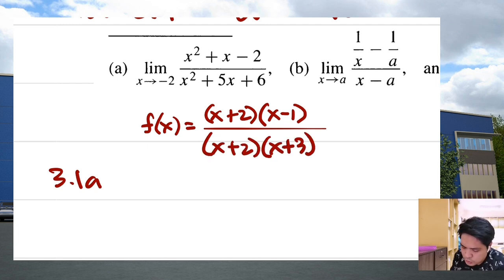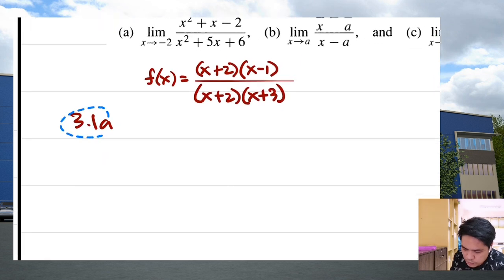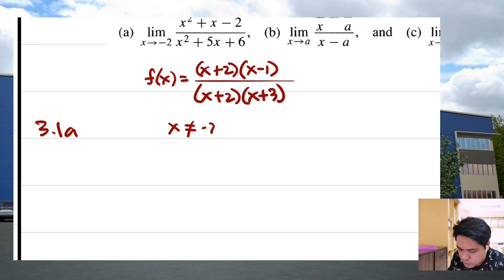Therefore, for this particular function, the domain, x is not defined at x equal to negative 2. Right? x cannot be equal to negative 2 because the denominator becomes 0. So it is not defined at that point. Also, x cannot be equal to negative 3.